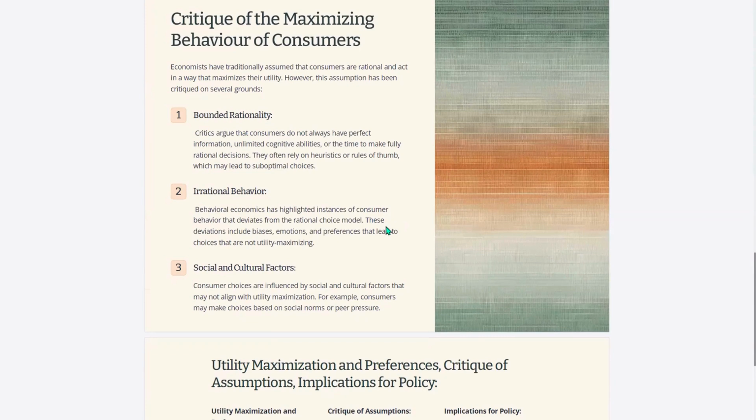Critics say the customer may not always take a rational decision because the customer is bounded by rationality. Consumers do not always have perfect information. They don't have unlimited cognitive abilities all the time. So, for example, I am surrounded by a lot of influences and I rely on heuristics.